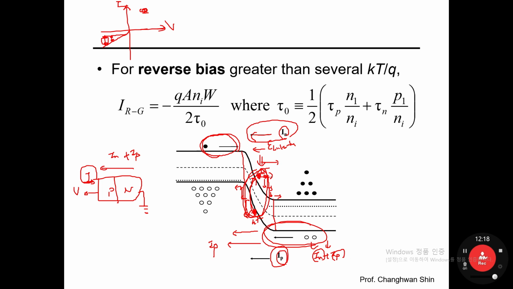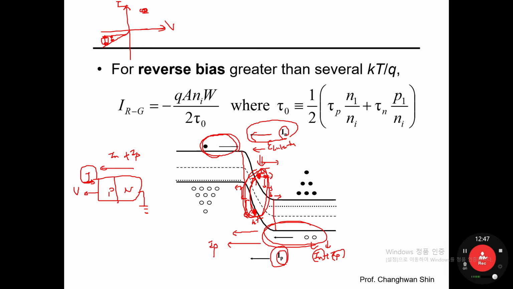Okay, but you may ask this kind of question: how come we didn't take into account this effect, these events in ideal diode analysis? Go back to the assumptions that we have used in ideal diode analysis.